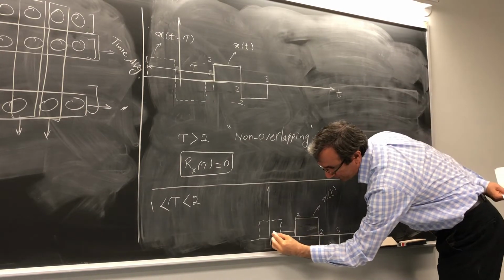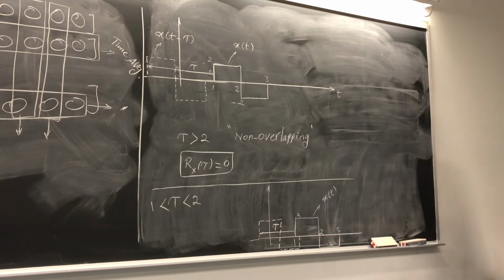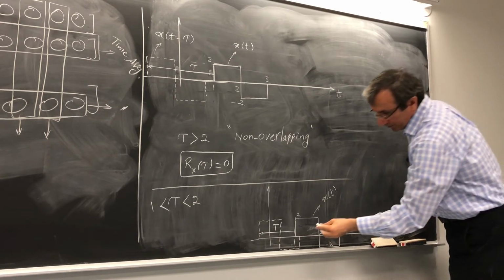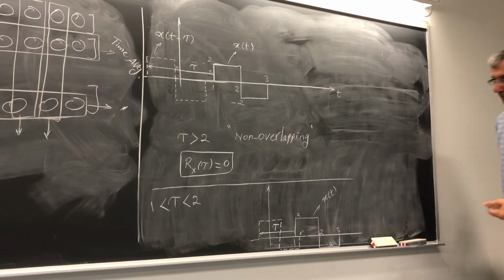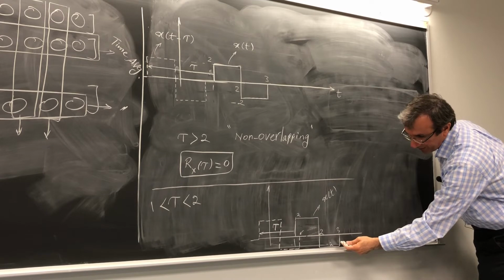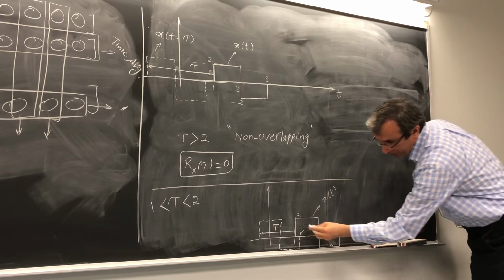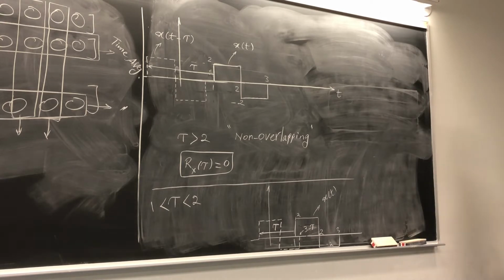Now, here's tau. Where is this point in terms of tau? This one's the shifted version of the end of the complex. So this would be 3 minus tau. Okay.